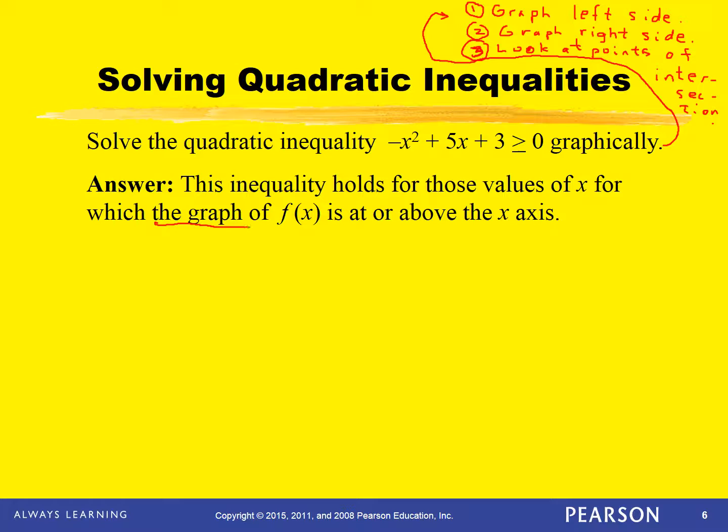Okay, so let's break that down. The graph of f of x is at or above the x-axis. So the graph of f of x, well, that's a curve. It's actually a parabola, isn't it? Because this is f of x right here.